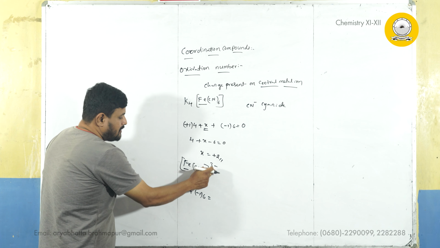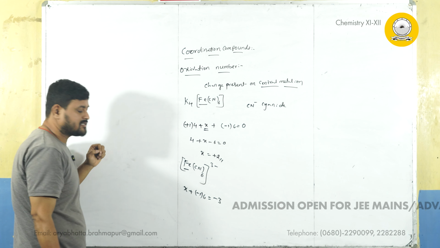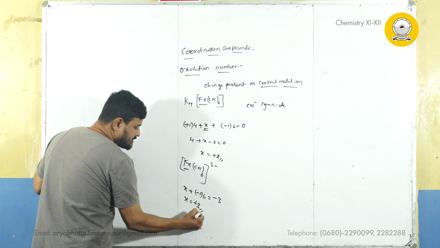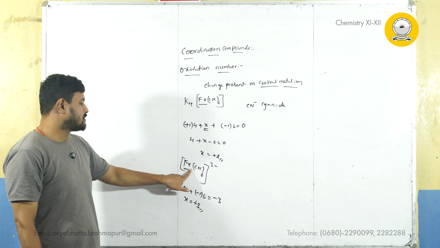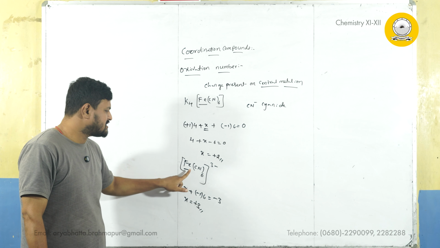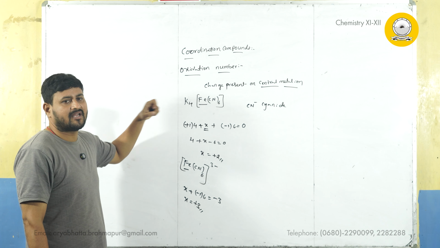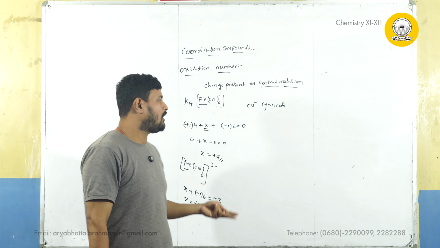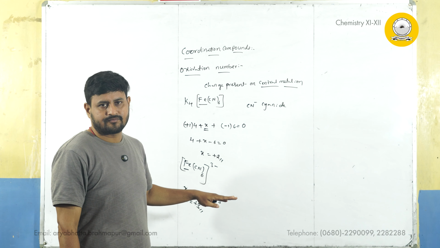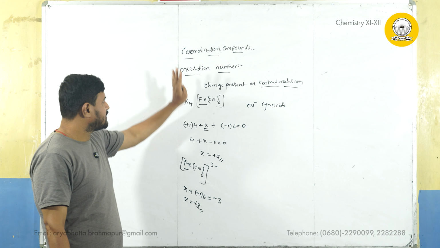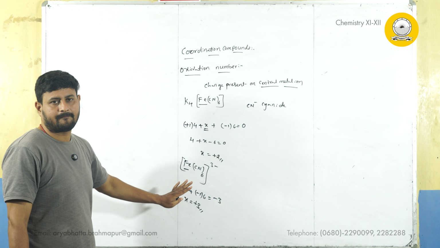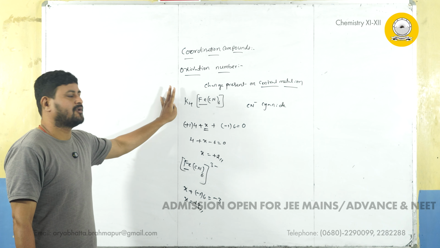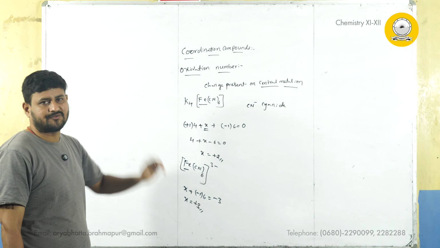So X minus 6 equals minus 3, and X equals plus 3. That means here the iron oxidation state is plus 3. A complex may be present as a neutral molecule or an ionic species; whatever it is, we can calculate the oxidation number like this. This is one of the important terminologies of coordination compounds.